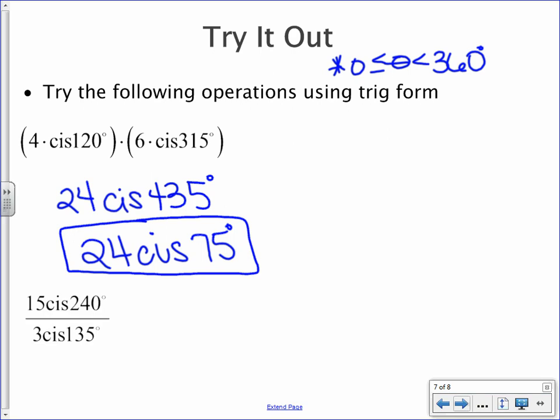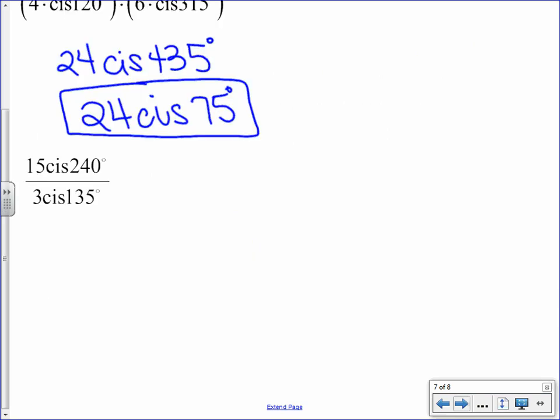Let's try a division problem. 15 CIS 240 divided by 3 CIS 135. What do we do with the 15 and 3? Divide them, so we get 5. What do we do with the 240 and 135?